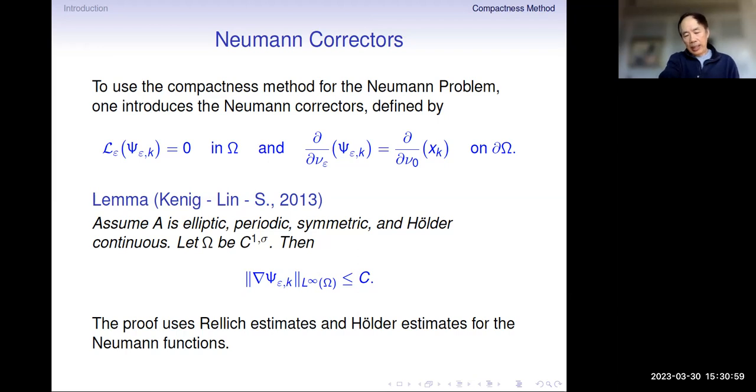And so the key lemma here is to prove this Neumann corrector satisfies the Lipschitz estimate uniformly in epsilon, and it uses several estimates over there.